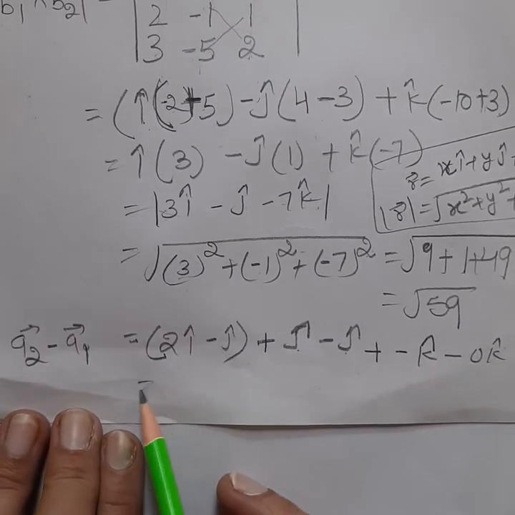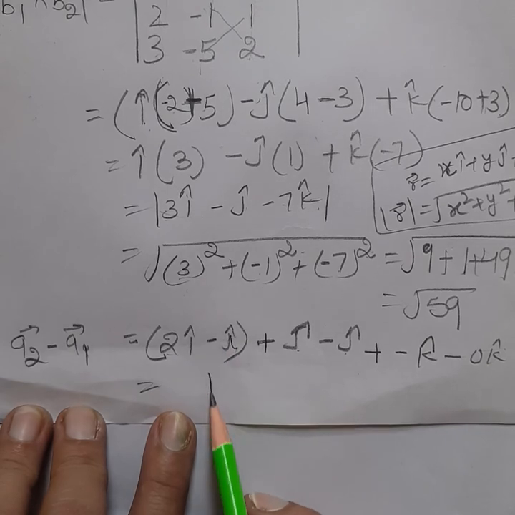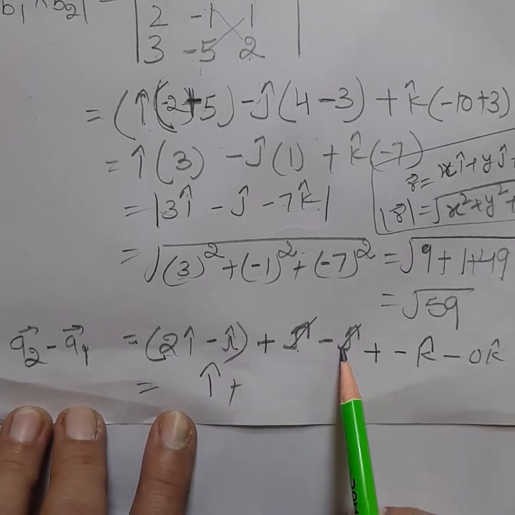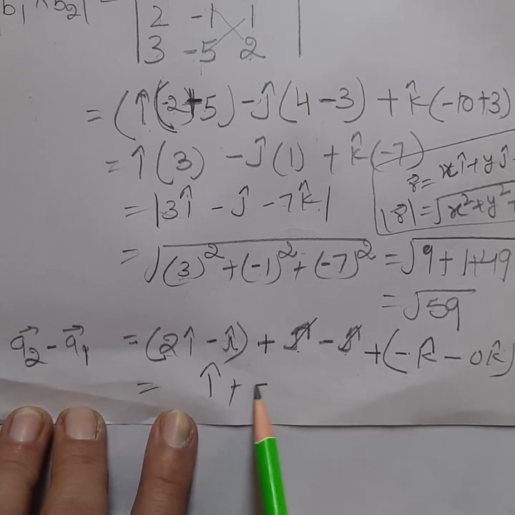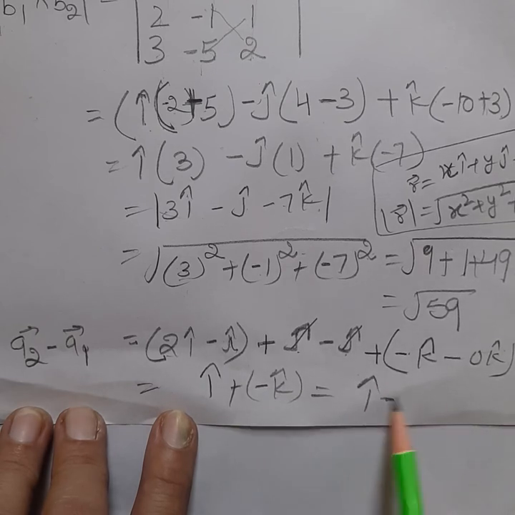Now we are left with 2i minus i, then we get only i, and by cancelling j by j, and only in the last we get minus k, and in this way we are left with i minus k.